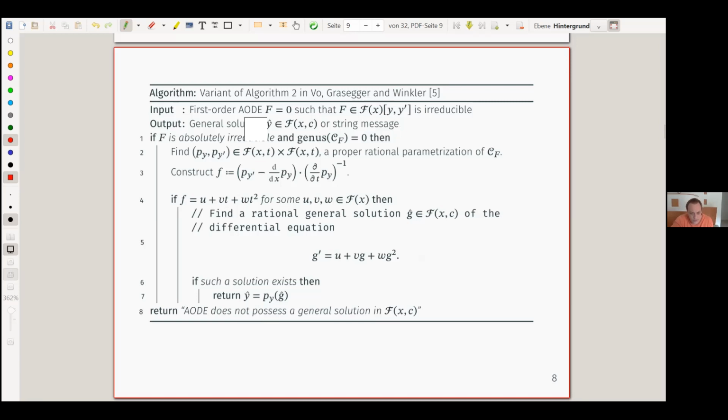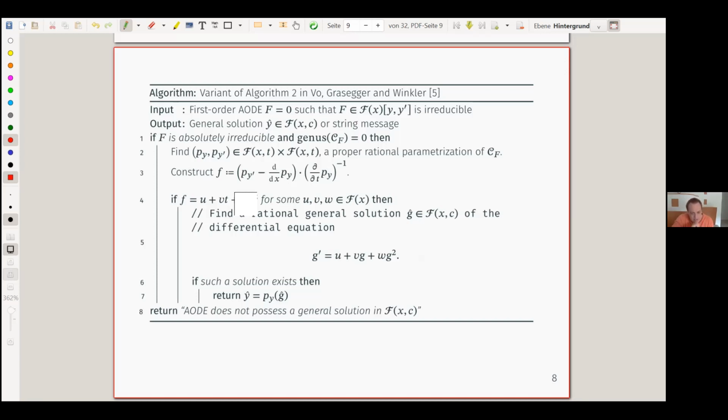And then, if your curve has genus 0, if it's a rational curve, you construct a proper rational parameterization of this form. And then you can build from this, by taking derivatives with respect to x, with respect to the parameter, this quantity, which will be in general a quasi-linear differential equation.